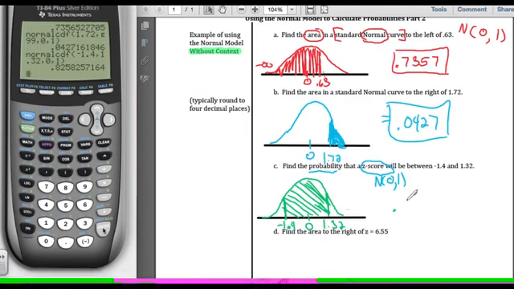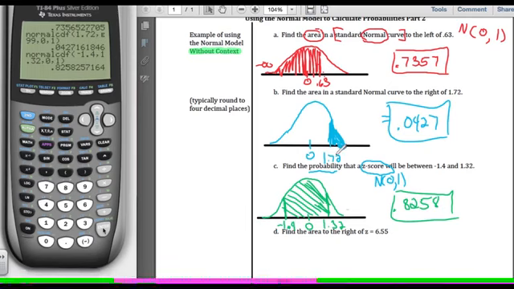It's 0.8258. So about 82 or 83% of our observations should have z-scores between negative 1.4 and 1.32. Those aren't outliers. They're not 2 or above.